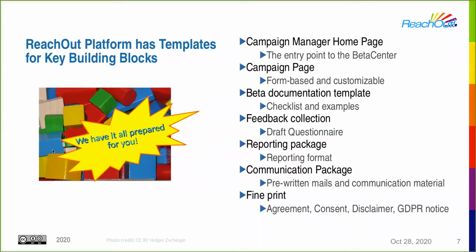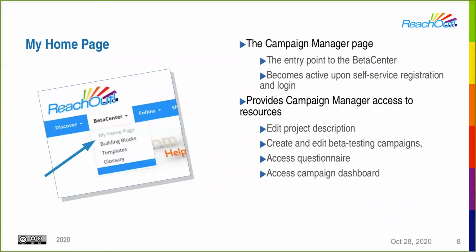So the entry point is the homepage. So when you register on the Beta Center, you have your own campaign manager homepage where you can access the resources. You can edit your project description, create and edit your campaigns, and then you can access the questionnaire and your dashboard.